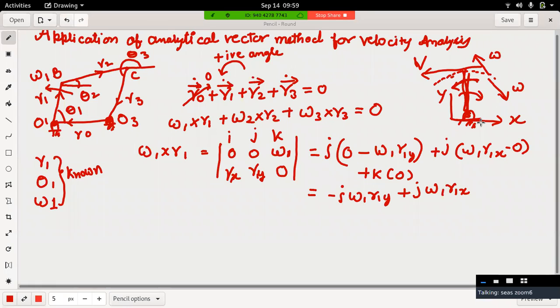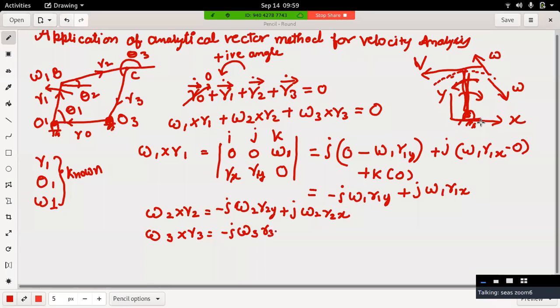Similarly, you can write the equation for omega 2 cross r2, and it will become minus I omega 2 r2y plus j omega 2 r2x. And similarly, omega 3 cross r3 is minus I omega 3 r3y plus j omega 3 r3x.